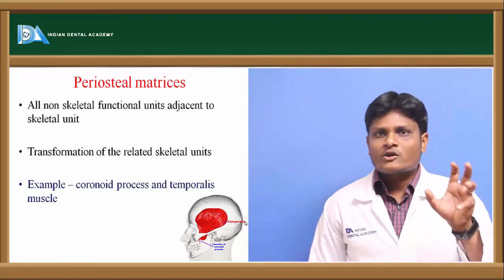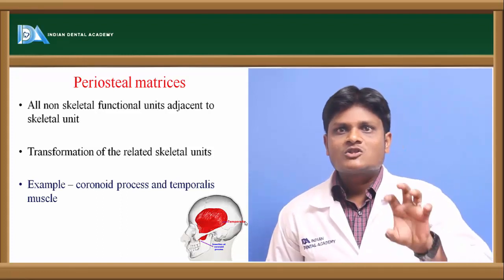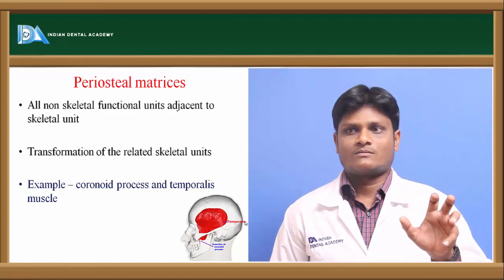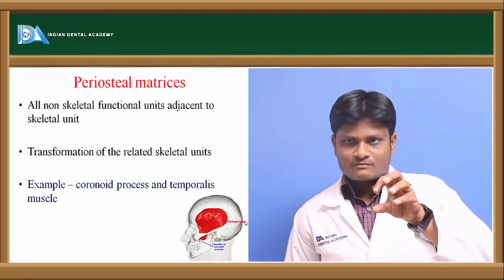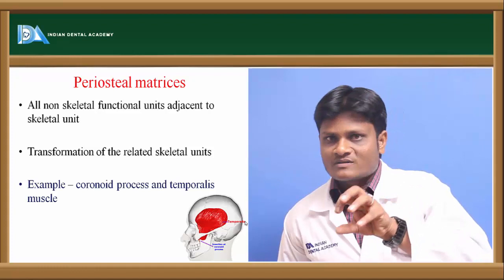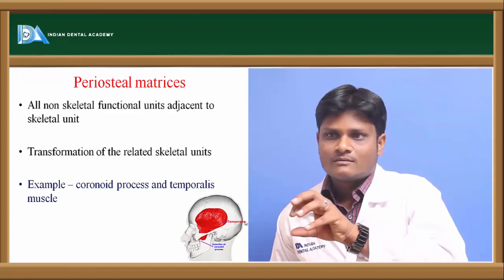Growth of these periosteal matrices will lead to a change in the shape and size of the bone. For example, if we take the coronoid process, the periosteal matrix that is influencing its growth is the tendon of the temporalis muscle.